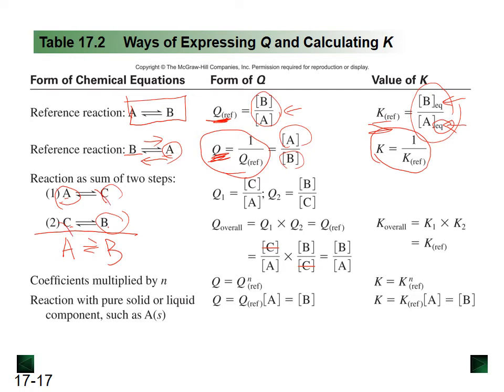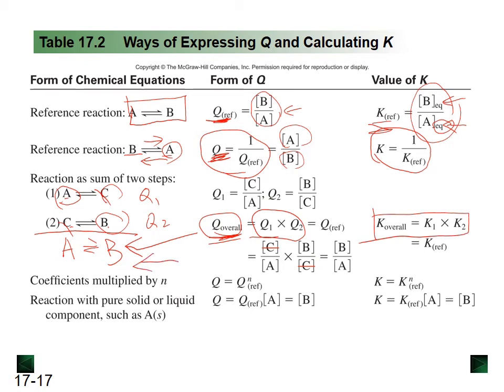So in this case, the reaction quotient should be the product of individual Q, so Q1, Q2. The product of them gives you the overall reaction quotient. Similarly, the equilibrium constant for the overall reaction is the product of individual K constants.